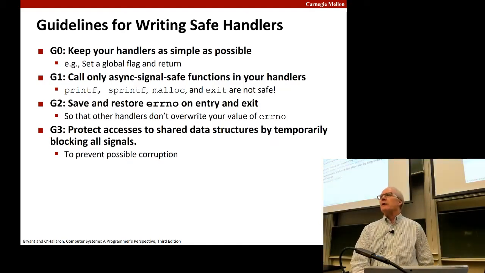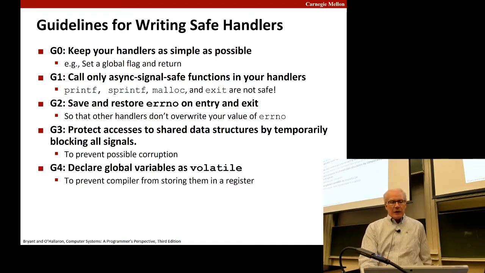You have to worry about blocking signals if there's potential for race conditions or bad behavior between multiple signal handlers. And in general, if you use global variables, you should declare them as being volatile.